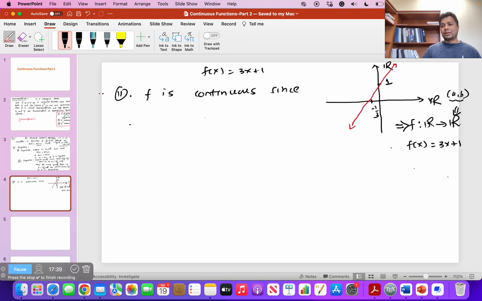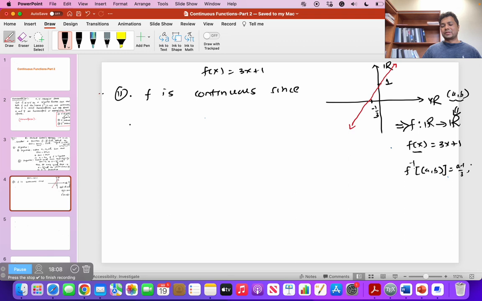So if you plug in A for f of x here and solve for x, you are going to get that the inverse image of A is A minus 1 over 3.